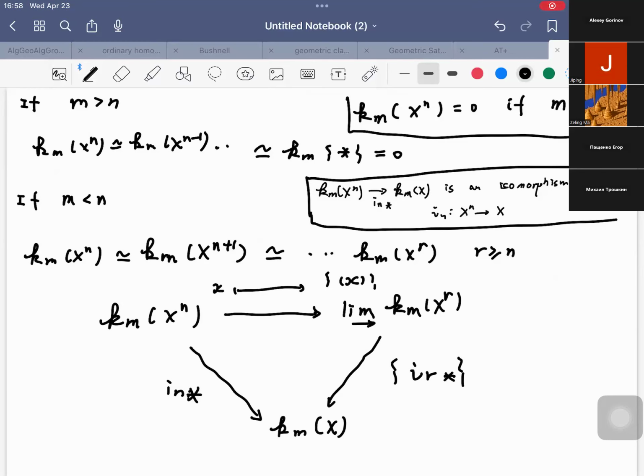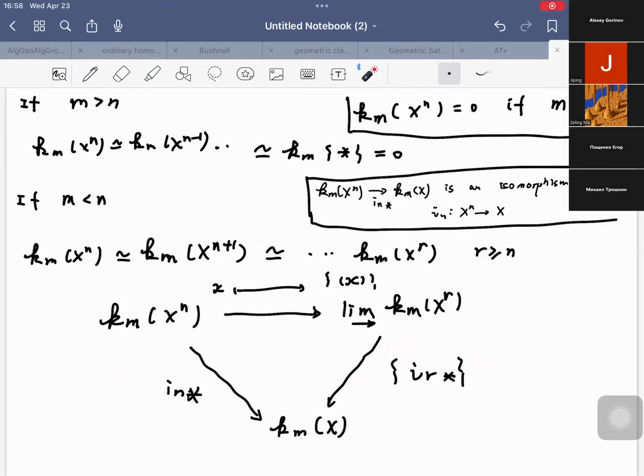So if we want this to be an isomorphism, it is enough to show this part is an isomorphism.